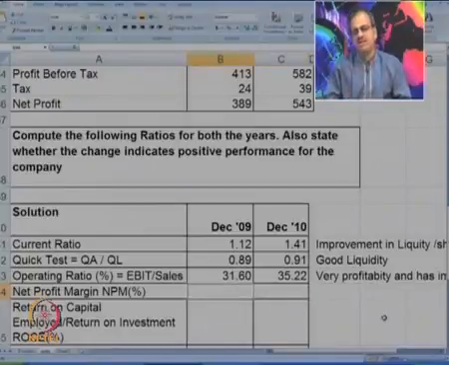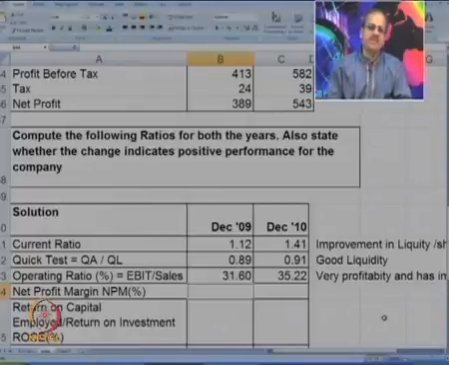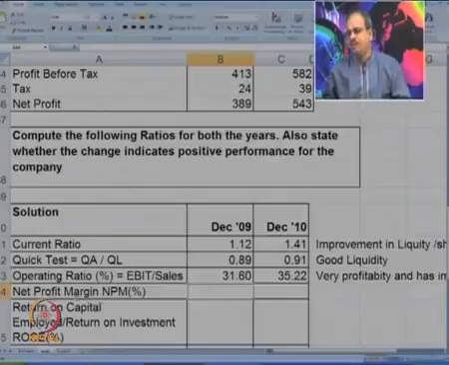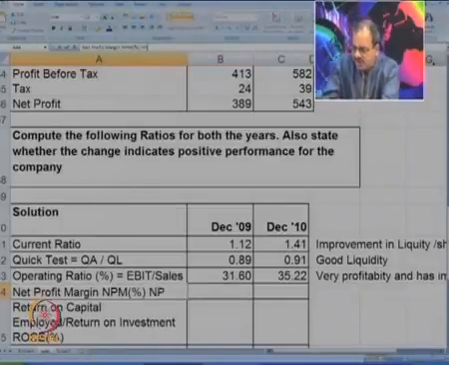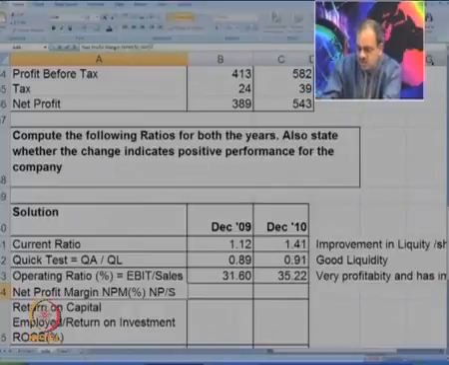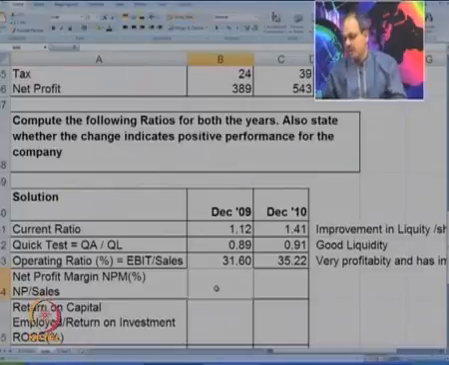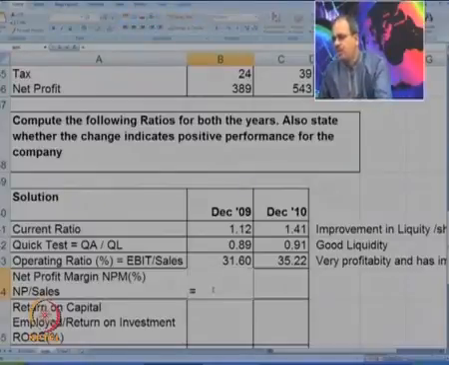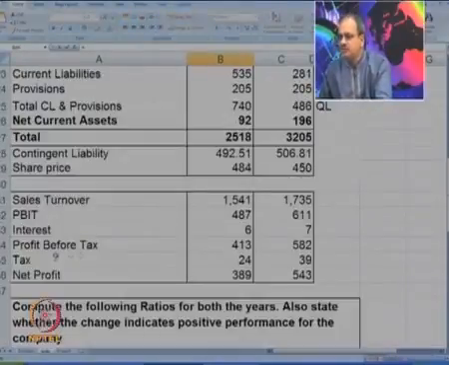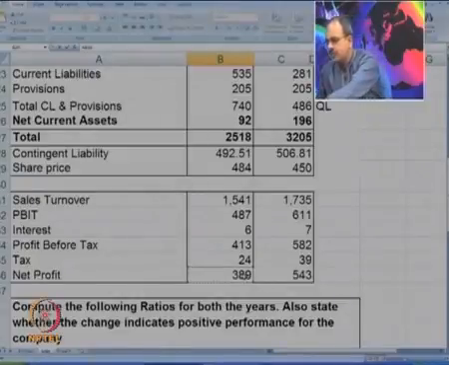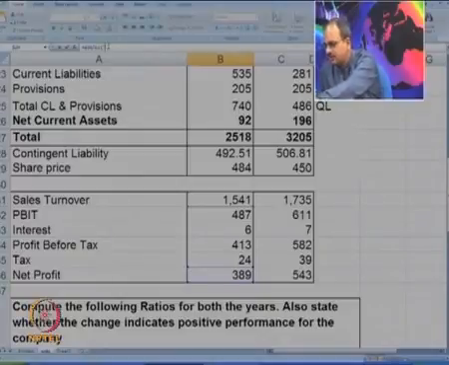Now, the next one is net profit margin, also known as NPM, sometimes known as net profit ratio. So, what do we link in net profit ratio? We essentially try to calculate net profit as a percentage of sales. Okay. So, we will take net profit. Here we generally take net profit after tax.